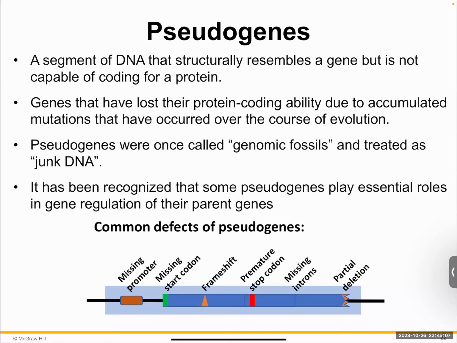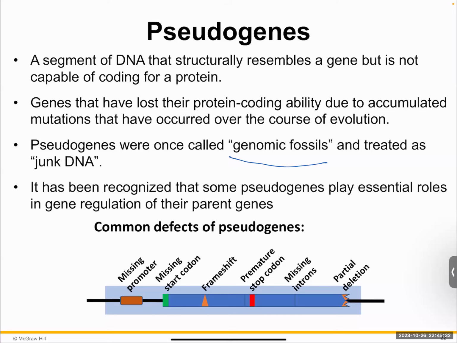They used to be encoding for a gene possibly, but because of mutations or changes that have happened to it, they do not encode for proteins anymore. So we can refer to those as genomic fossils, or what we are treating them as basically junk DNA, something that there's no point of keeping, or we're not really doing anything with it.